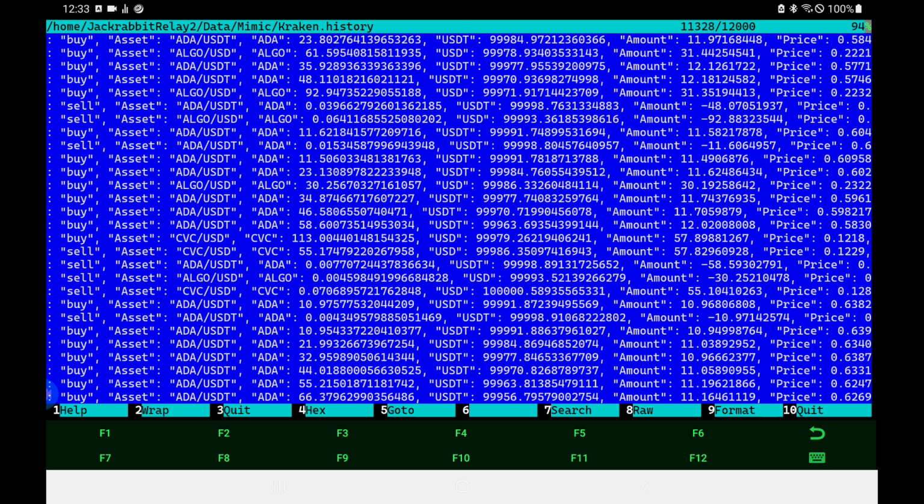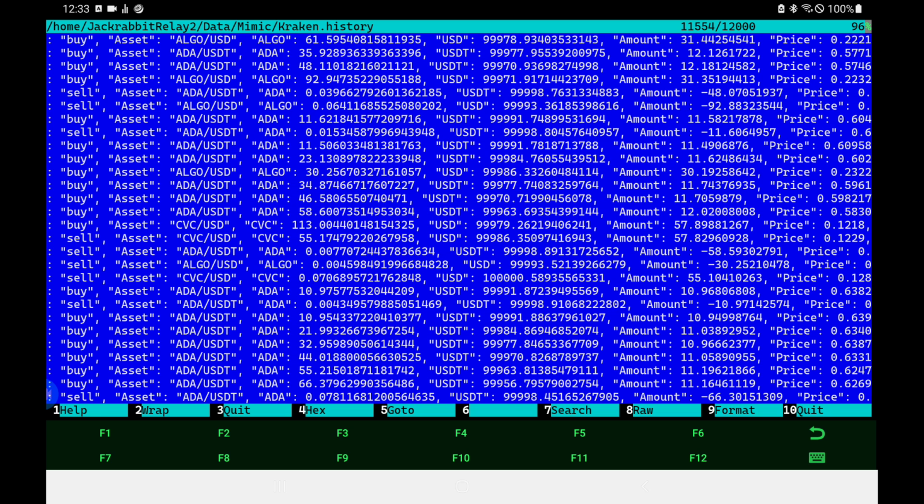That is, in this case, you can see the ADA wallet growing and the USDT wallet shrinking. And then you see the sell. You see exactly what is being sold, how much it's being sold, and you begin to see the relationship that dust has in your account.